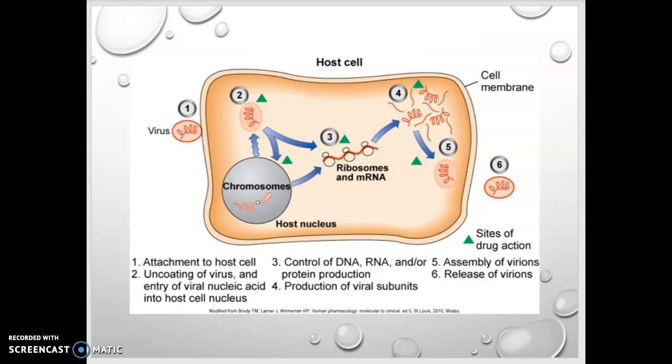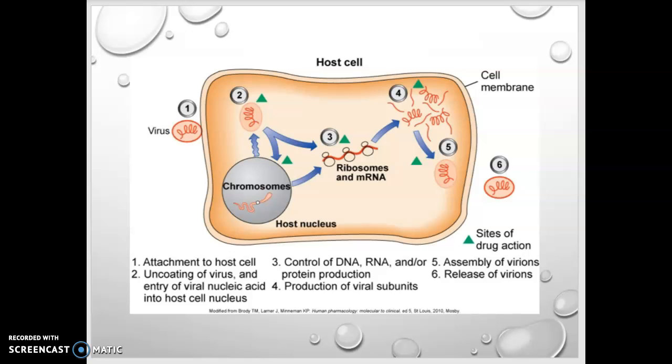Once it's in the host cell's nucleus, in step 3, this viral genome then uses the host cell's own genetic material. It will replicate, and then in step 4, we see that it will start to assemble viral nucleic acids and proteins that belong to the virus.